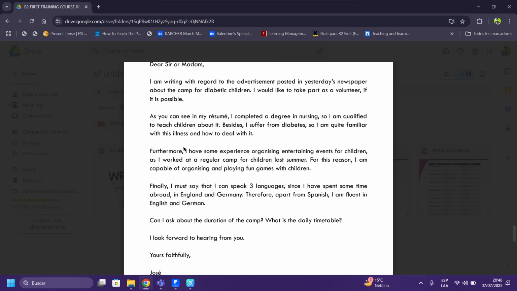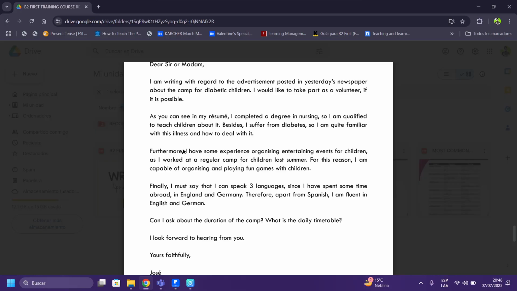In the second paragraph, you have to describe your resume, your experience as a worker. In the next paragraph, you have to write about your personal strengths, your personal qualities, and why you are a proper candidate for the job.